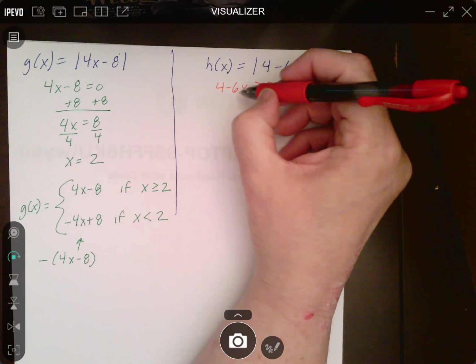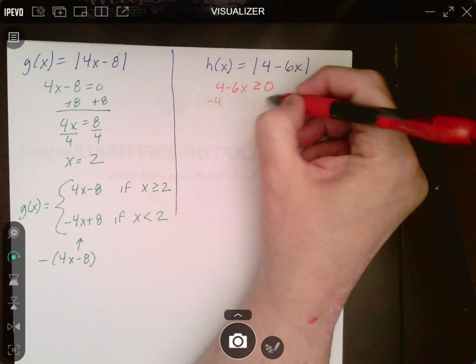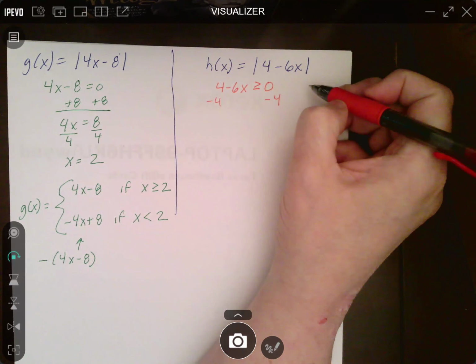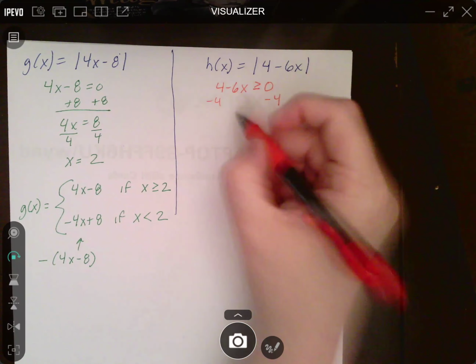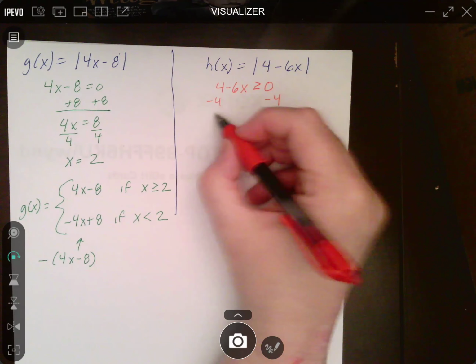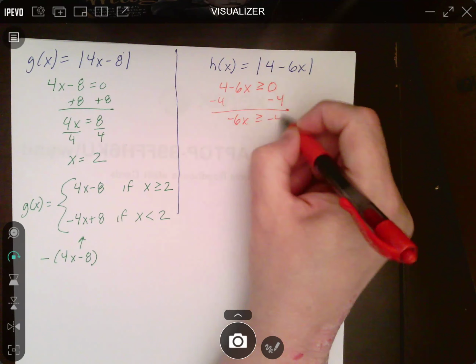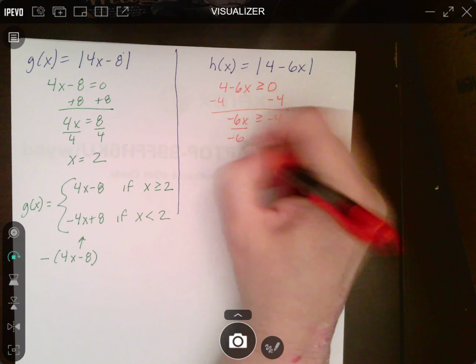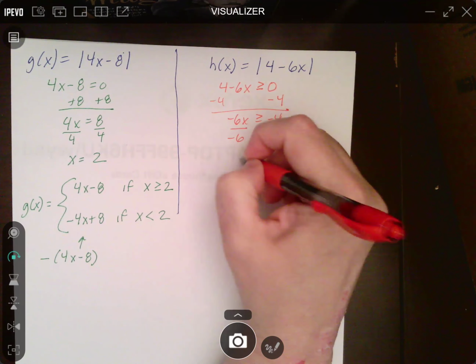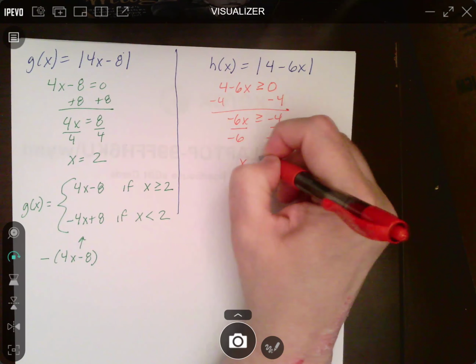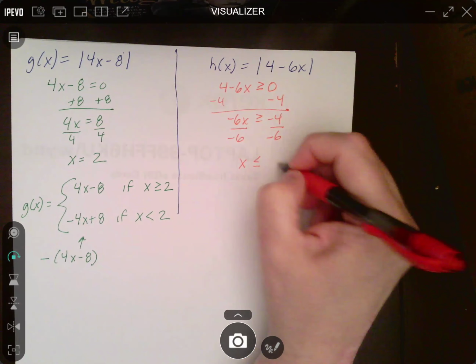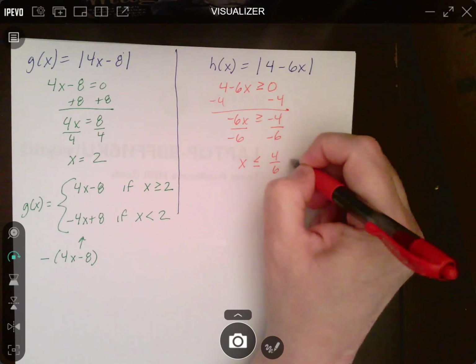So if I subtract 4 over, I get negative 6x is greater than or equal to negative 4. If I divide by negative 6, I get x is now less than or equal to 4/6, which is the same thing as 2/3.